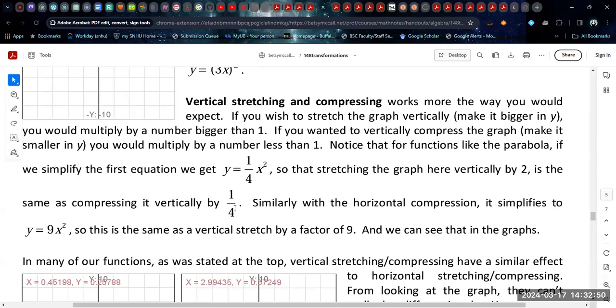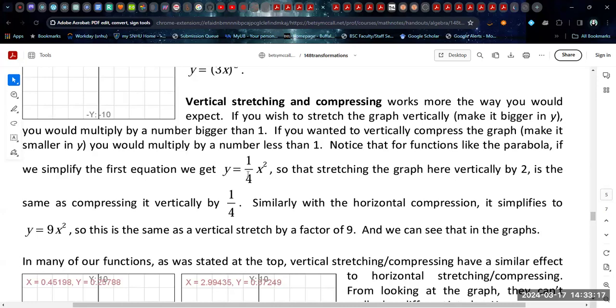So if I take my 1/2 x quantity squared and I actually do that math, I end up with 1/4 x squared. So even though I was originally trying to stretch horizontally by a factor of 1/2, I'm actually stretching the graph vertically as well.